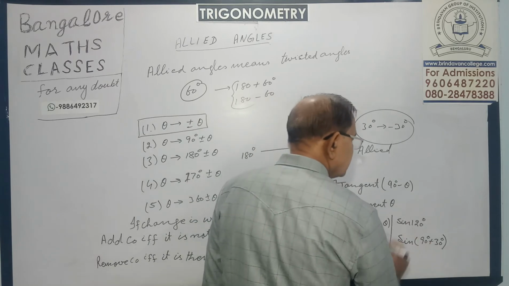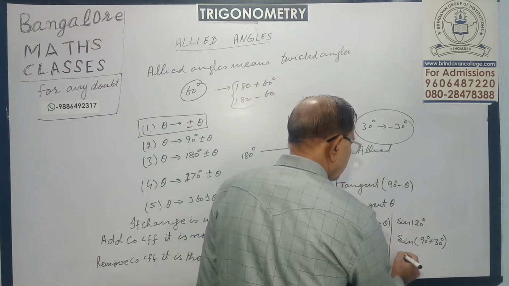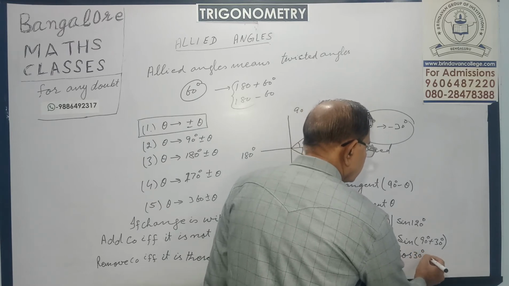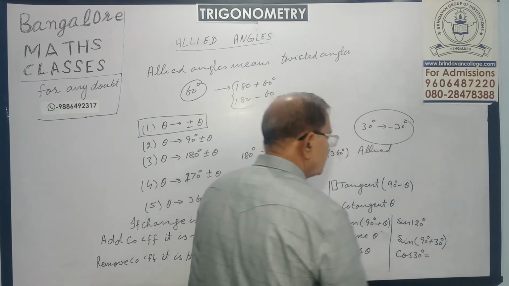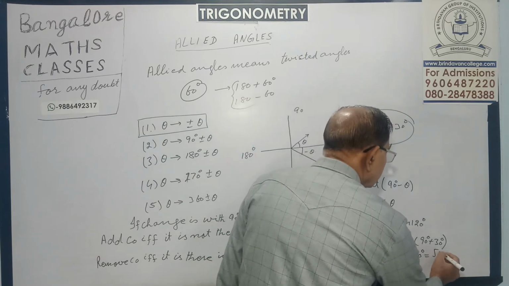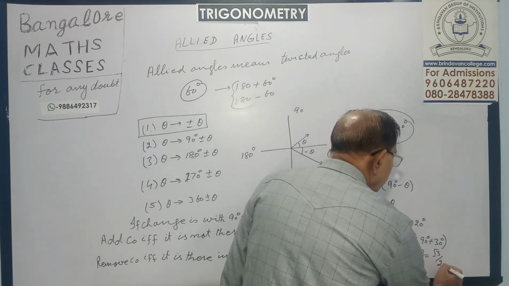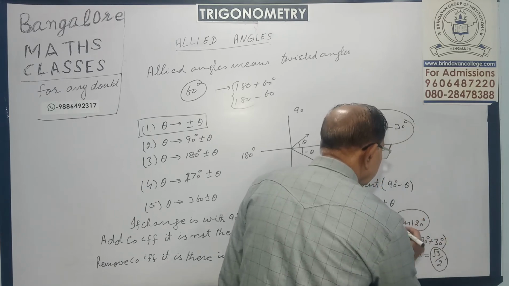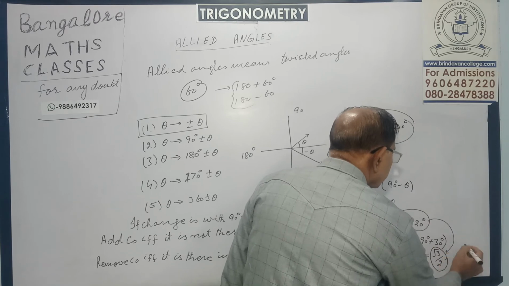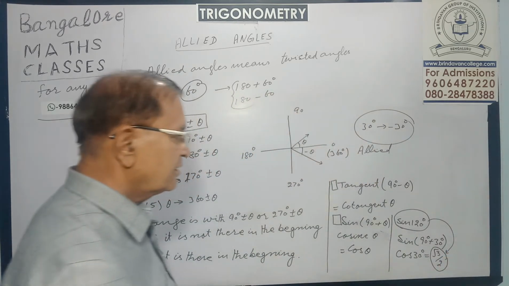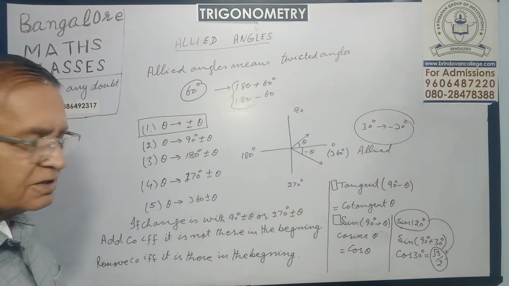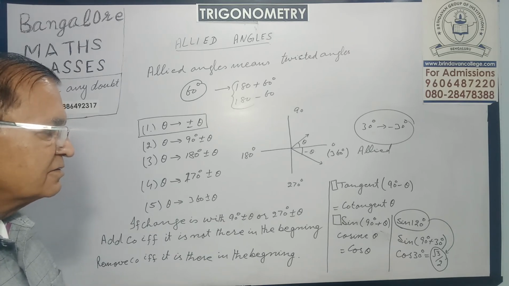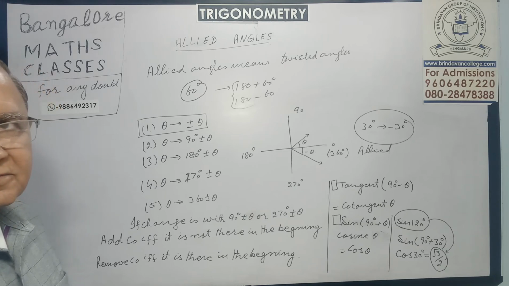Now it changes with the 90, so add co. It will come out to be cosine 30. The value of cos 30 I know, that is root 3 by 2. So like that I have got the value of sine 120 as root 3 by 2.